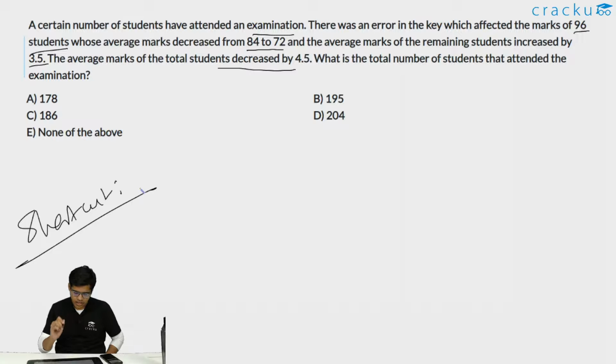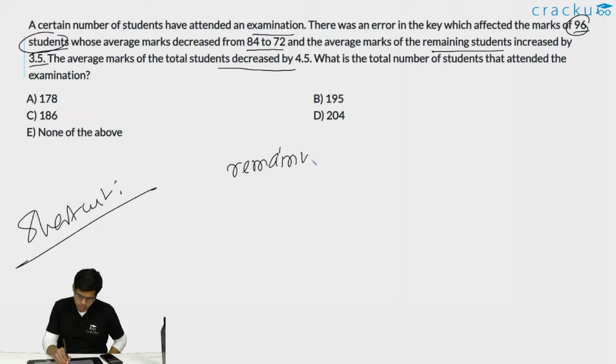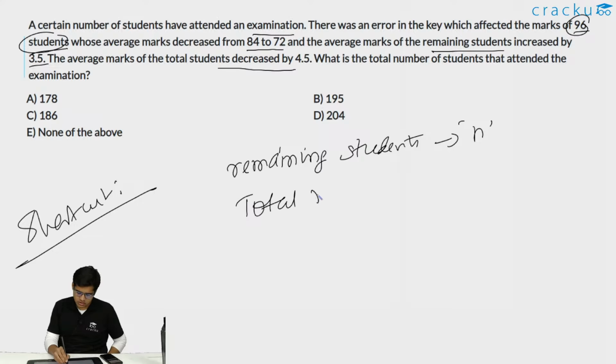Let's understand. Let's say here 96 students are given and remaining students, let's say these remaining students be n. So total number of students is 96 plus n. Now guys, observe.